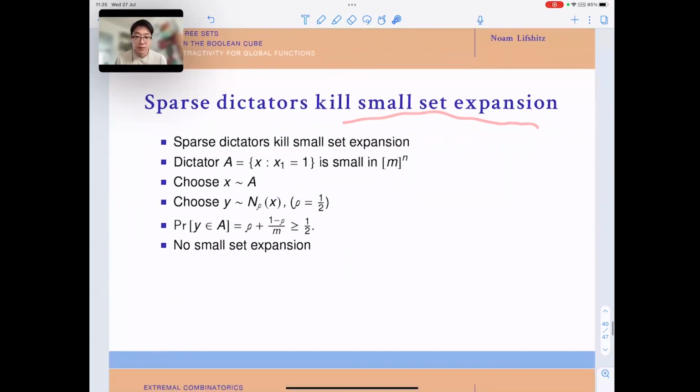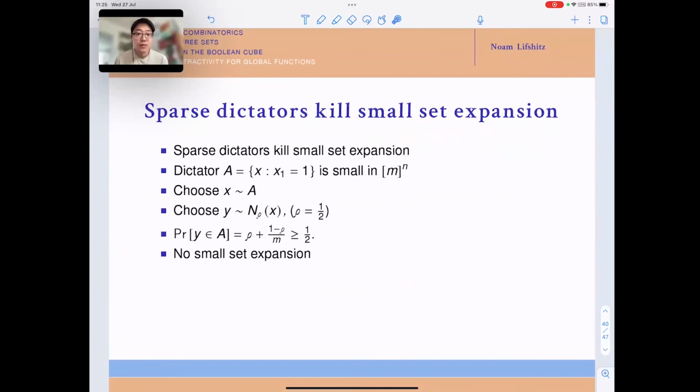This is a calculation that you can make. Dictators in the multicube is the set A of all vectors whose first coordinate is 1. If we choose a random x in A and take a noisy version y of x, then the probability that y is in A is at least rho. With probability 1 minus rho, we forgot x1, but with probability rho, we remembered it.